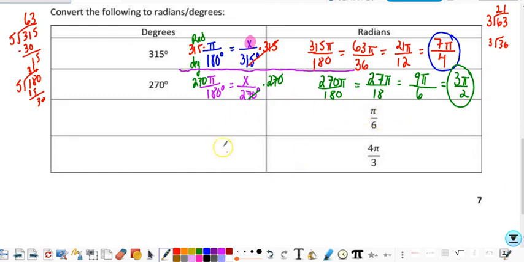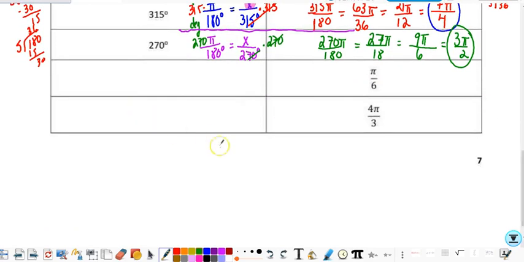So now we've got to go the other way. I can set up a proportion again. I just need more room. So we're going to say pi is to 180 degrees as pi over 6 is to a missing amount of degrees. So now my degrees is missing.